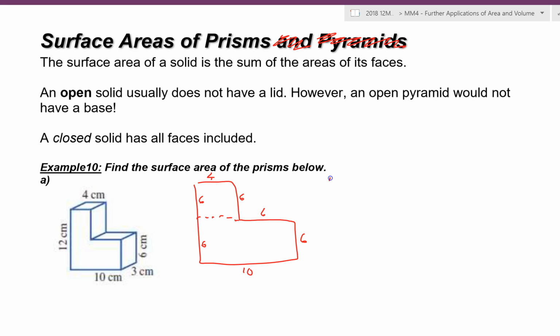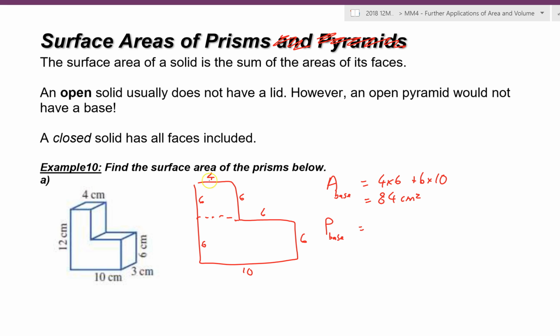So the area of my base, I'm going to use this little subscript here. The area of my base is equal to the 4 by 6 for that top one, plus a 6 by 10 at the bottom, which equals 24 plus 60 is 84 square centimetres. Now I want to work out the perimeter of the base.